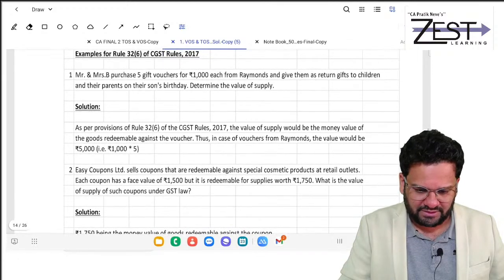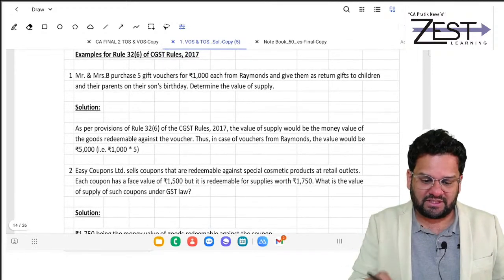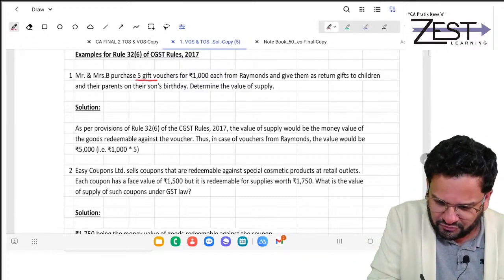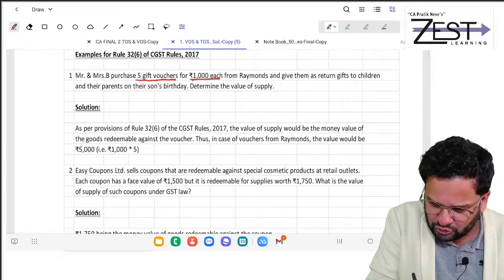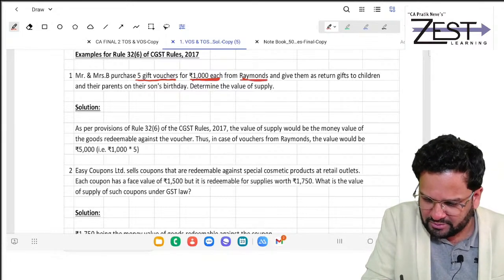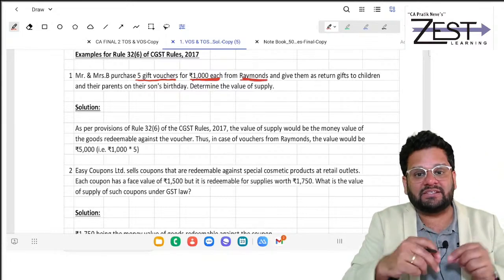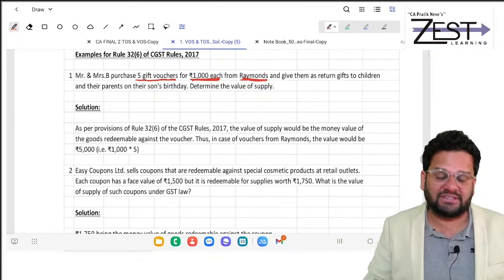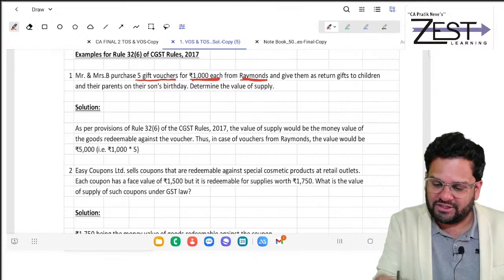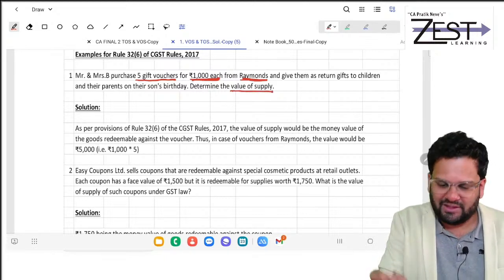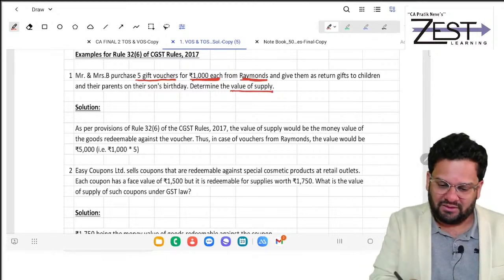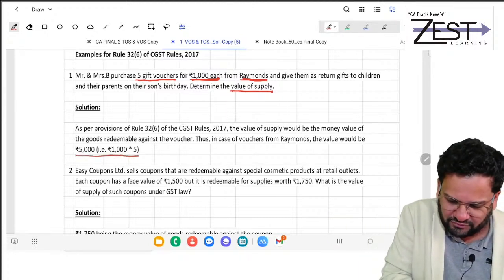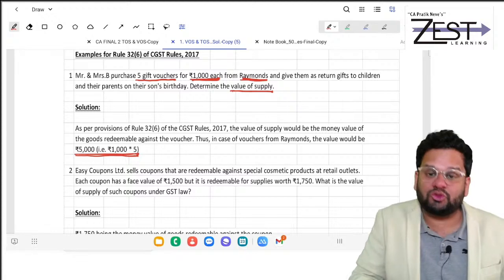First example: Mr. and Mrs. B purchase 5 gift vouchers of 1,000 each from Raymond's and give them as return gifts to children and their parents on their son's birthday. What is the value of supply? So the value of supply will be 1,000 each into 5, 5,000. As I told you, no challenge.